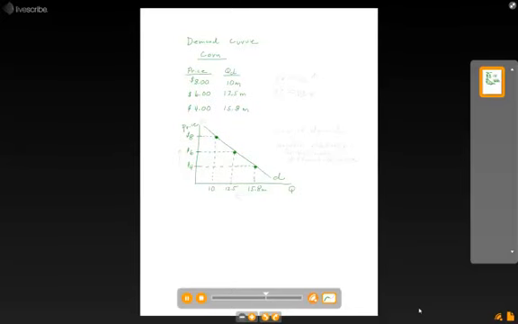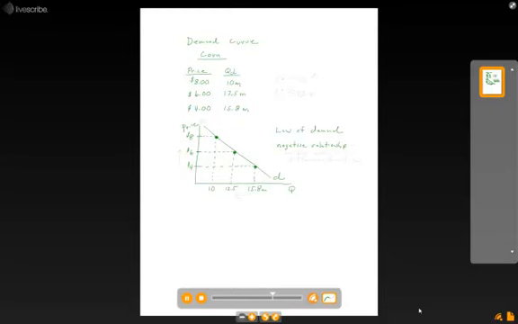This is what we call the law of demand. Because when you start looking at the variables of price and quantity, those variables have what we call a negative relationship.